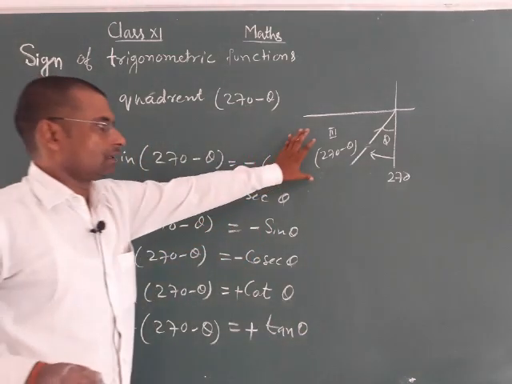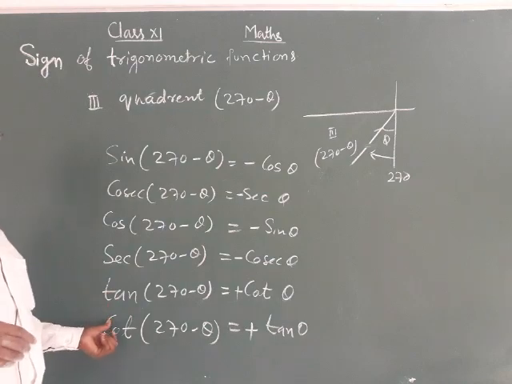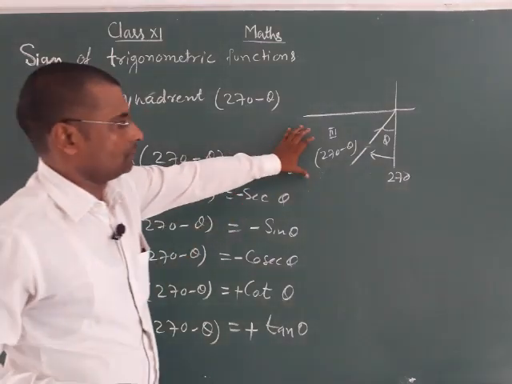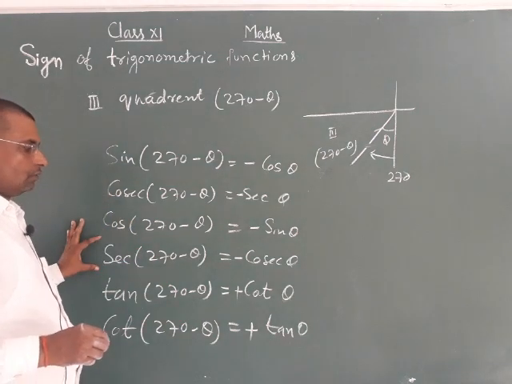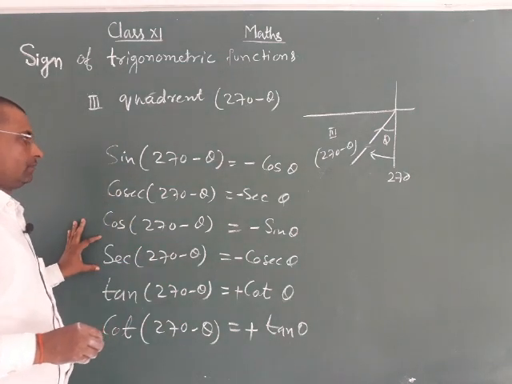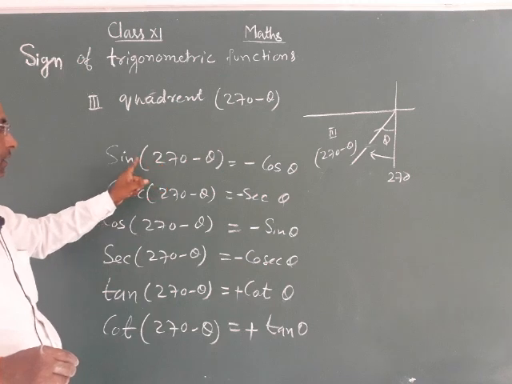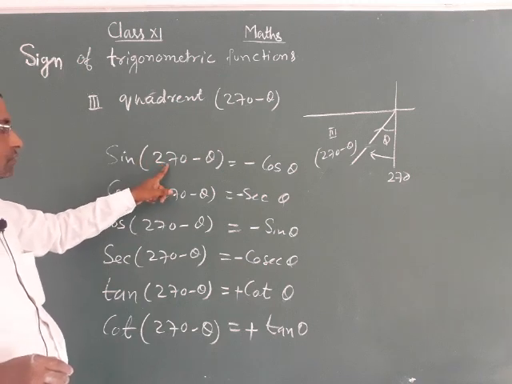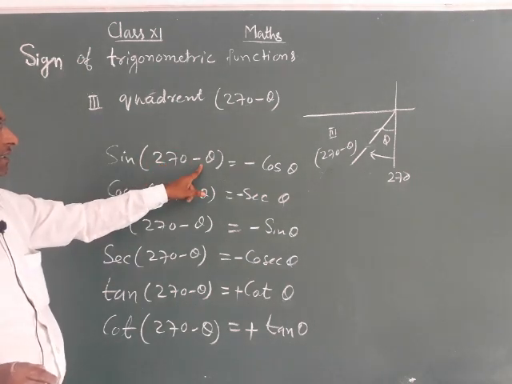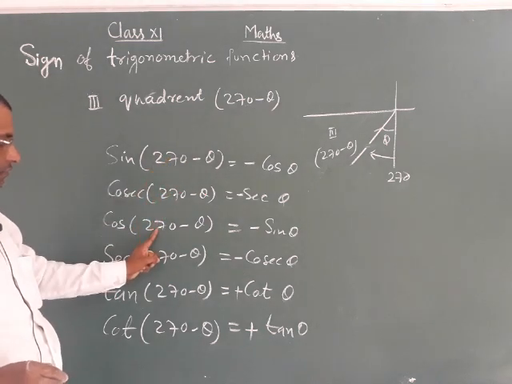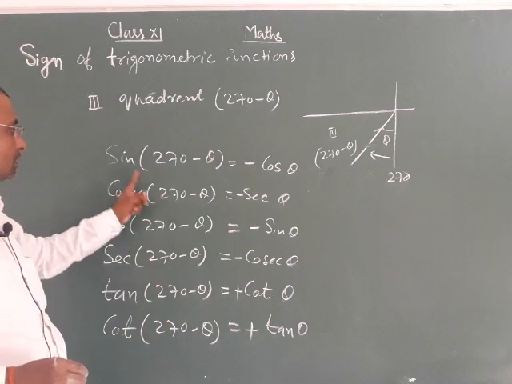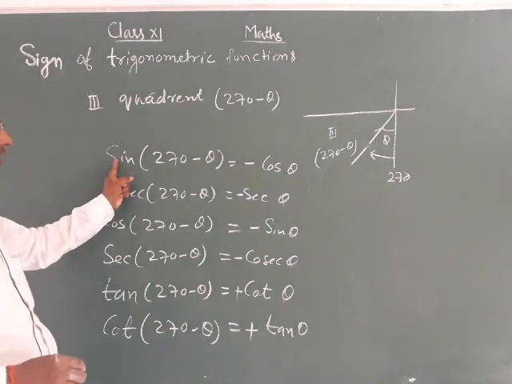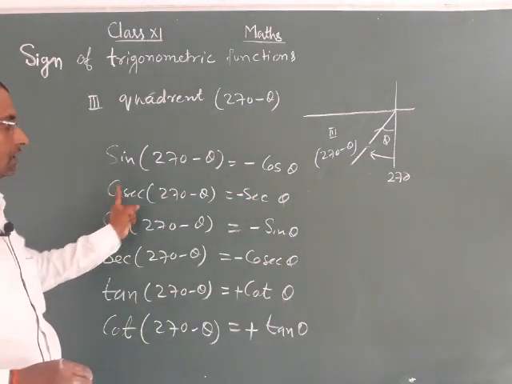In the third quadrant, tan and cot are positive and the remaining values are negative. In the ratio 270 minus theta, there is a change in ratio: sin and cos, cosec and sec.